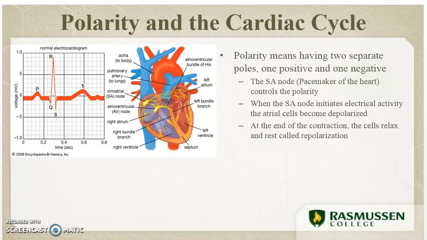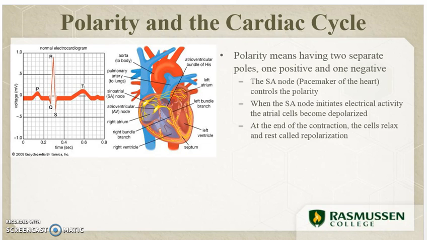Now the SA node, or the pacemaker of the heart, is where this all takes place because it controls the myocardial polarity. When the SA node initiates electrical activity, the atrial cells become depolarized, meaning the internal negative charge is reduced and the differences in charge inside and outside are lost.